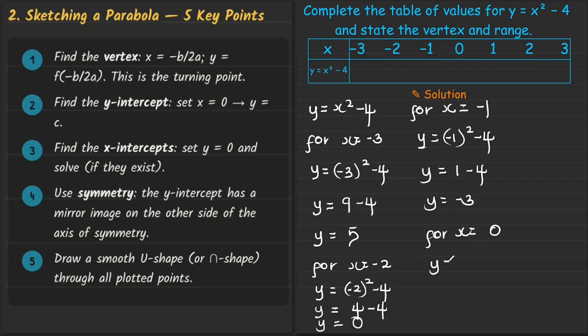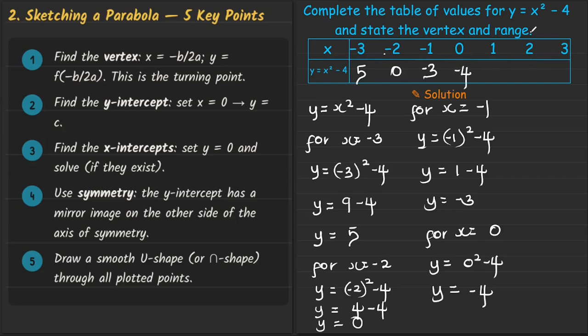If x equals 0, you have y equal to 0 squared minus 4. Hence our y is equal to -4. So filling out our table, for -3, I have my 5. For -2, there is a 0. Then for -1, we had a -3. For 0, we had -4.